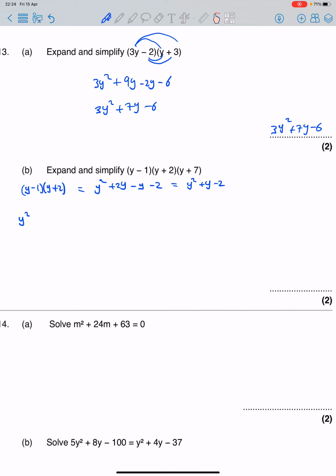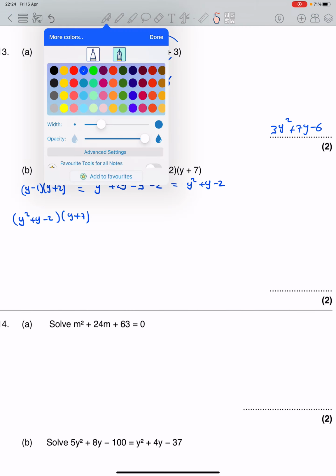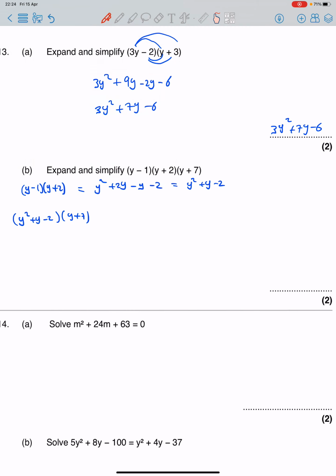Now we take the y squared plus y minus 2 and multiply that by the y plus 7. Here again, we're going to be systematic with our approach. y squared times y is y cubed. y squared times 7, just checking my own handwriting, is plus 7y squared.